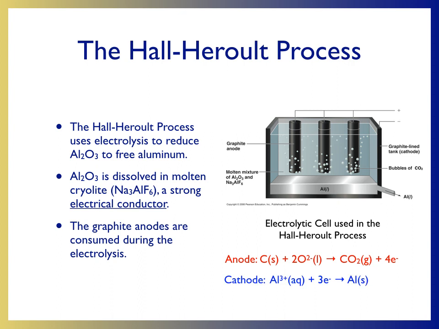At the cathode, molten aluminum, not aluminum aqueous, sorry about that, guys. Molten aluminum is actually reduced to aluminum liquid, which congregates at the bottom of the cell and is siphoned off as the reaction is undergone.